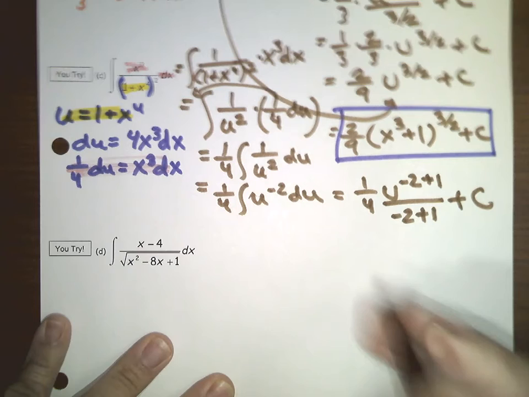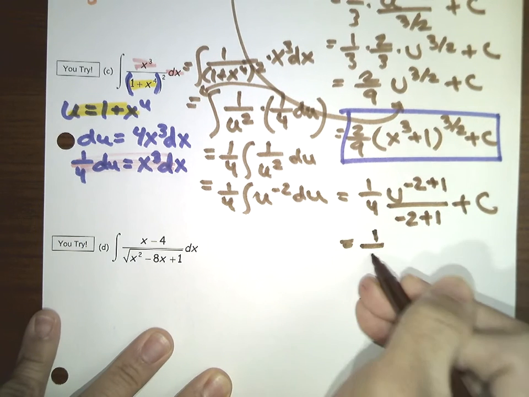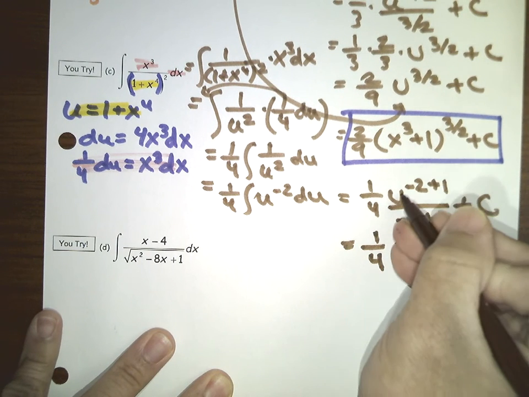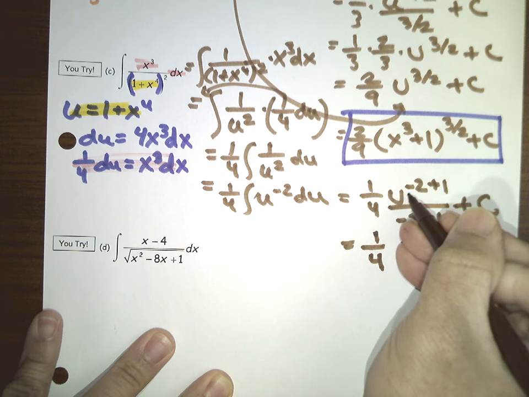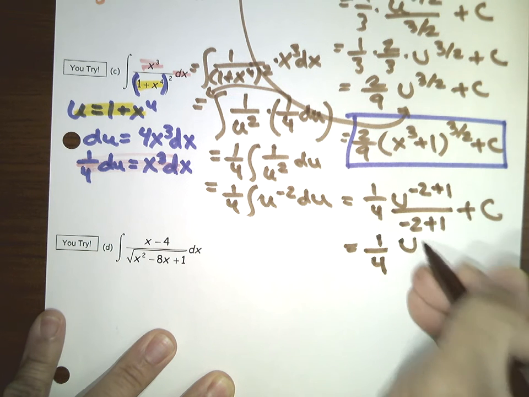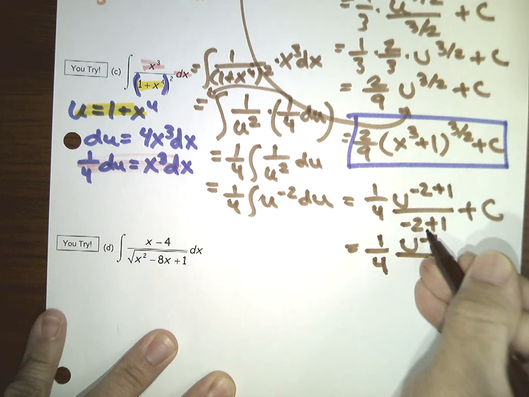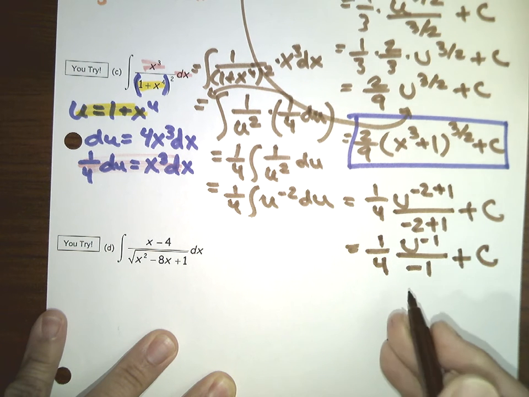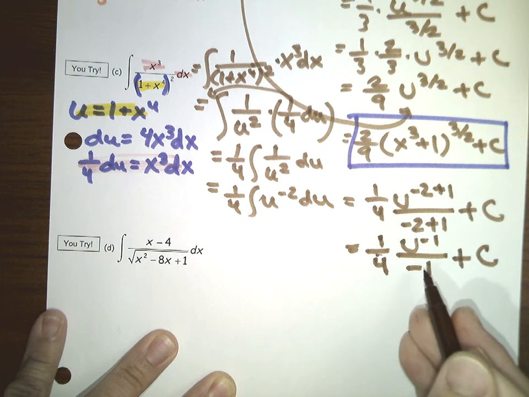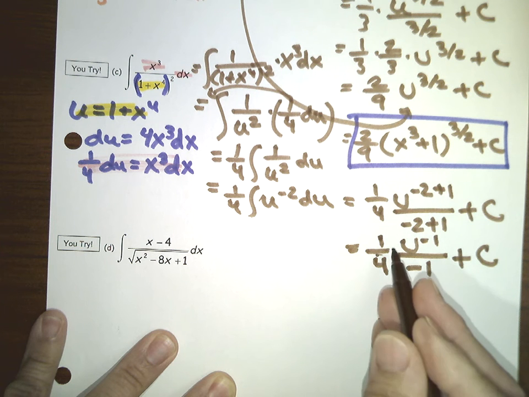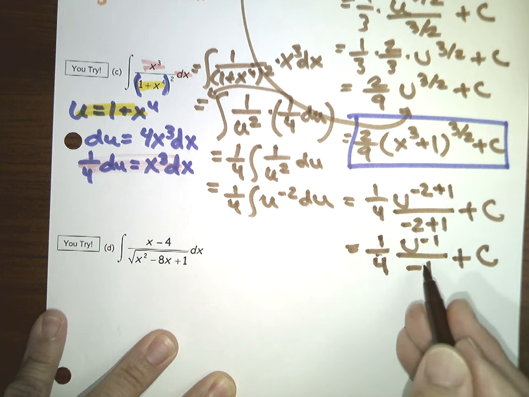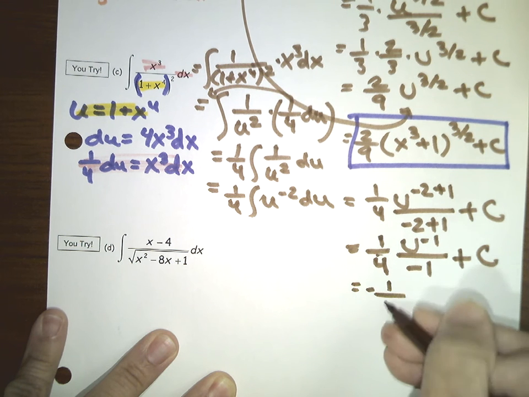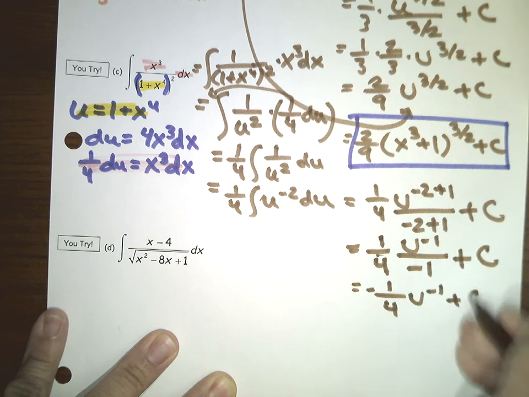So if I simplify this, I have 1/4, and u to the -2 plus 1 is u to the -1, and -1 is what we divide by also, plus c. So 1/4 divided by -1 is -1/4 u to the -1 plus c.